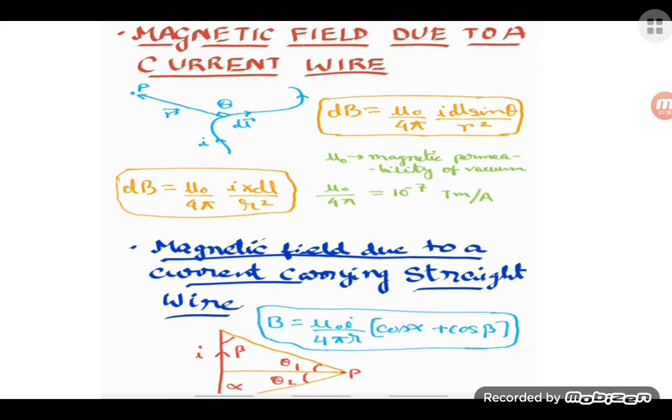So please note carefully which angle I have taken and with respect to what I have written this formula. This angle is with the base one, that is alpha and beta. So the formula is mu naught I upon 4 pi r, cos alpha plus cos beta.